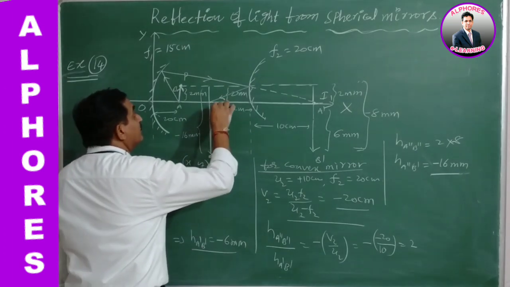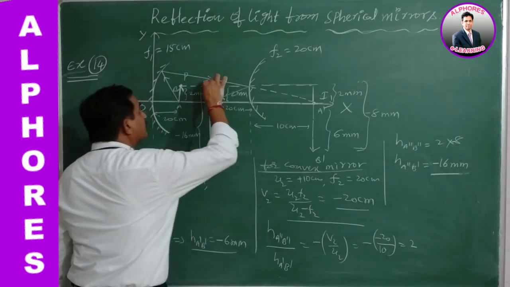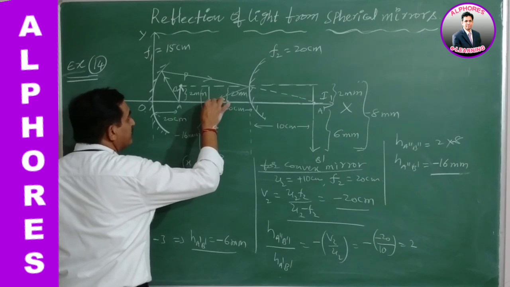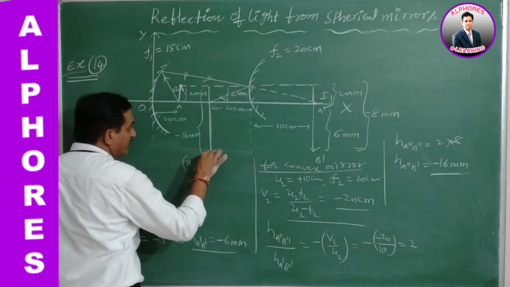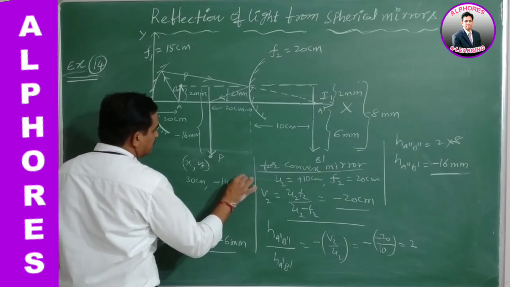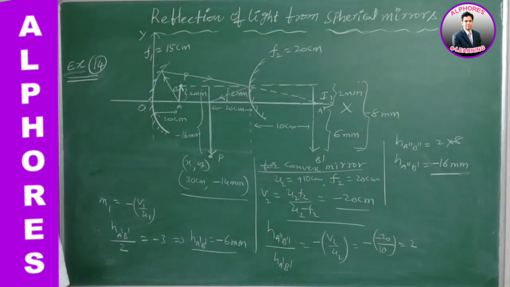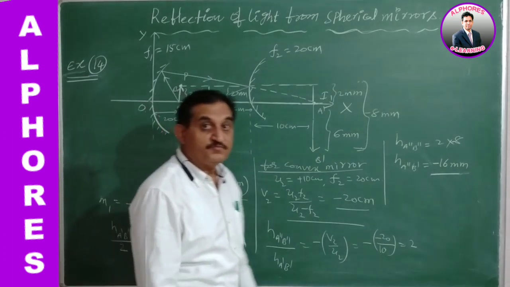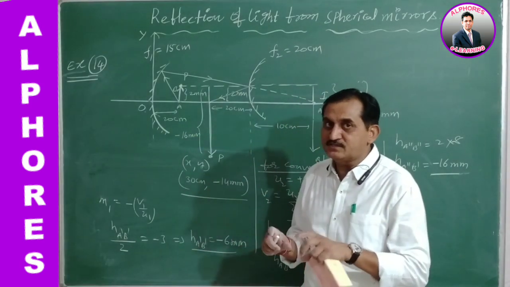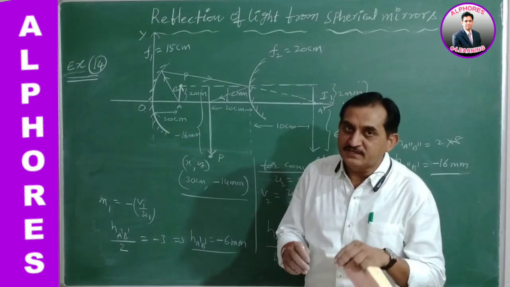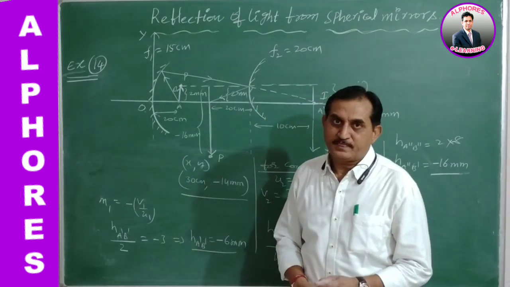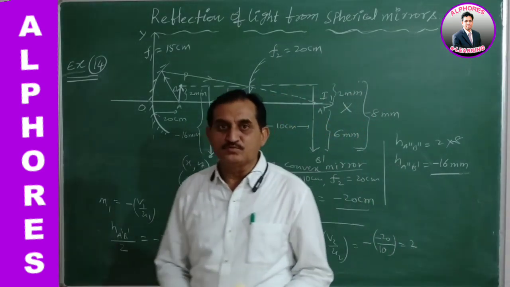And Y is, this is the x-axis, therefore total from here to here is 16, but 2 millimeter removed, remaining from this x-axis, it is the Y coordinate, therefore this is minus 14 millimeters. These are the x and y coordinates of the final image formed after two reflections from concave and convex mirrors, not kept coaxially and their axes kept at a separation of 2 millimeters. Okay, so this is the way to solve the problem.